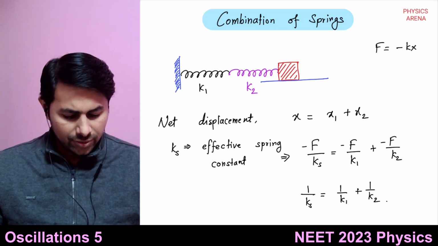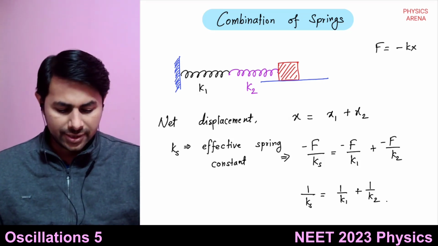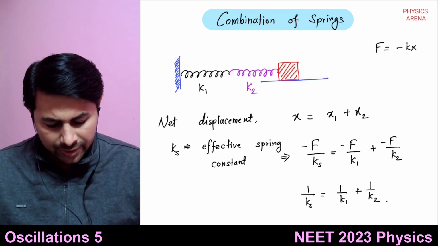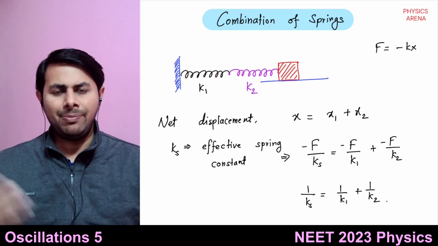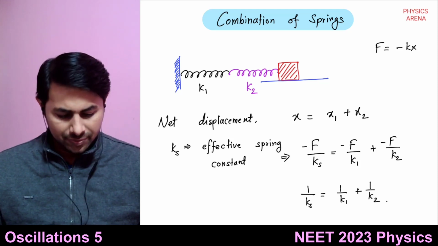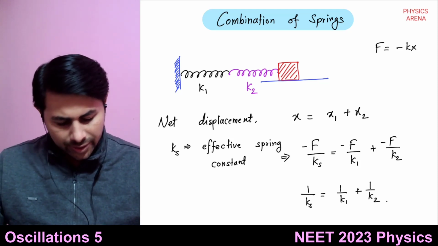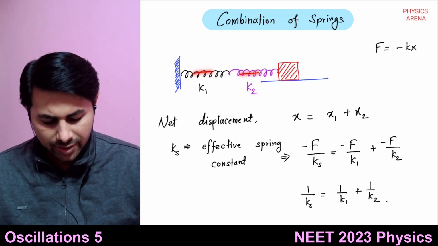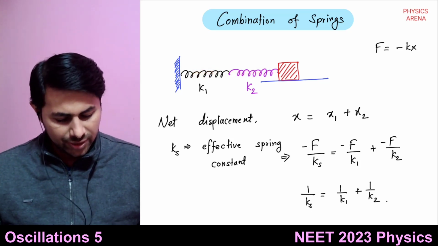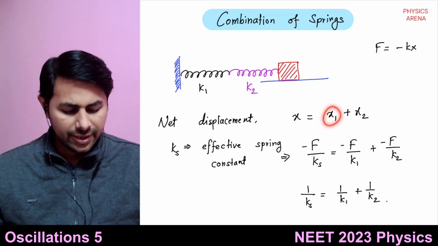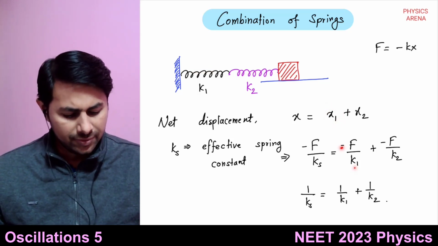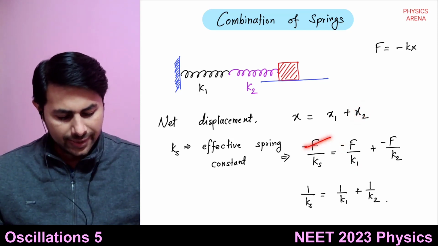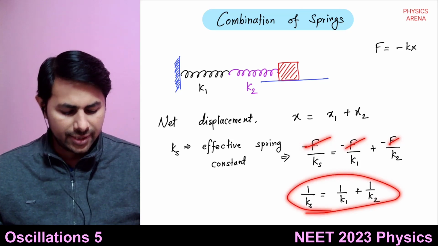Now when you pull this system with force F, the force between these two springs is also F. Therefore the same restoring force will be acting on both springs. So x1 can be written as F upon k1 with this negative sign, and x2 can be written as F upon k2. Then you can cancel out F, so you get this relation.